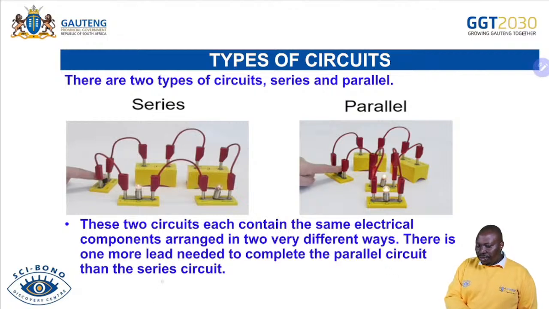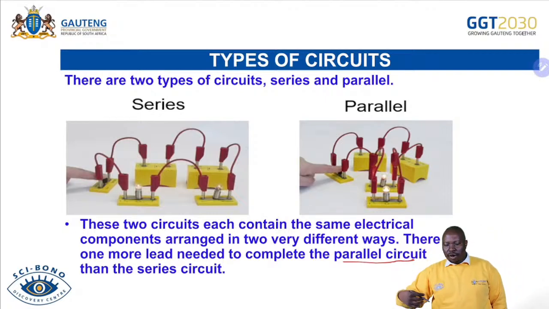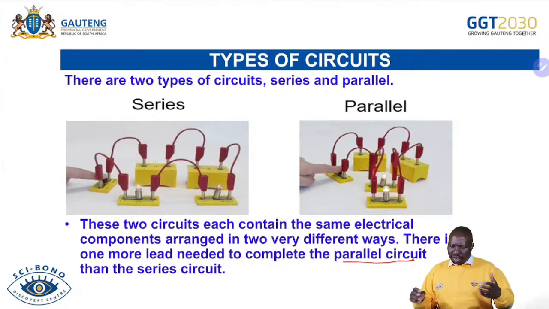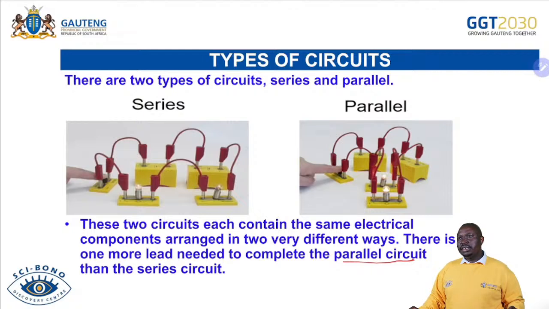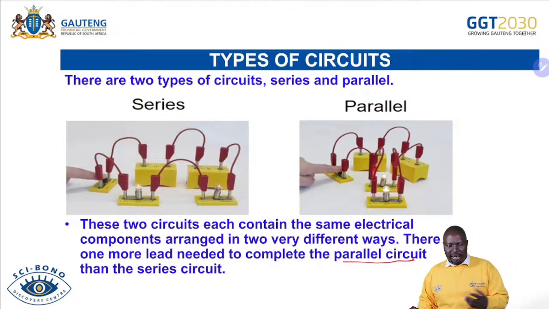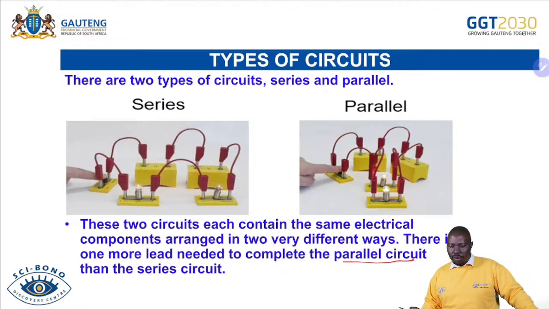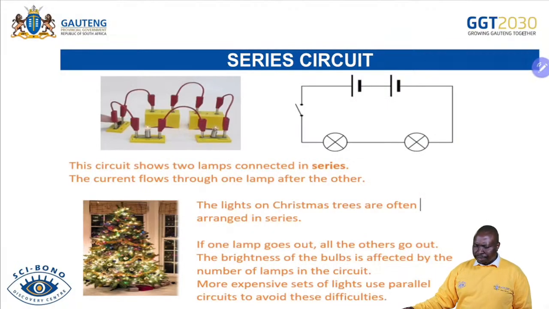So for a parallel circuit, you will need an extra conductor to complete the circuit. You can do that small part of the experiment at school, just do the connection. For series, when you want to connect the same in parallel, you will need an extra conductor so that you can complete all your connections. So it's very much important that you do that.